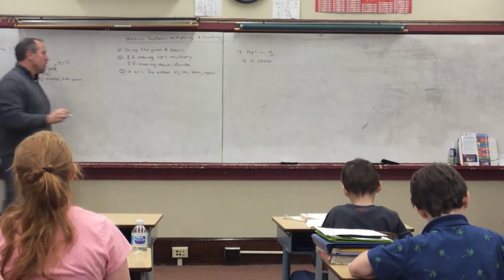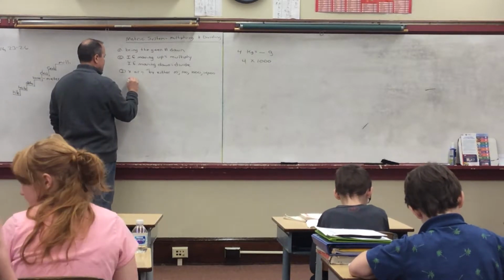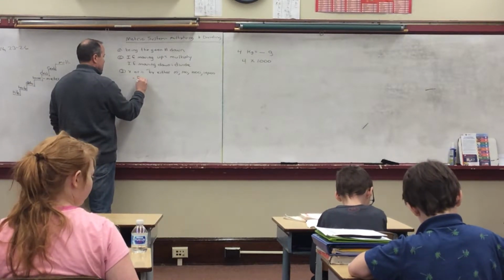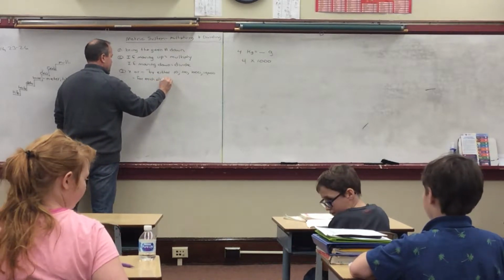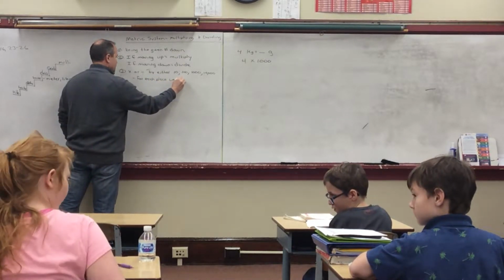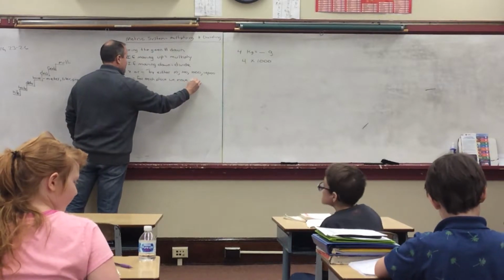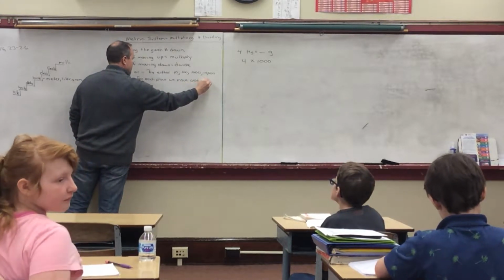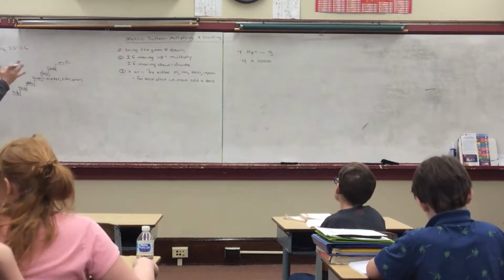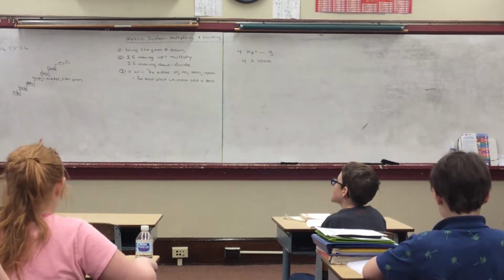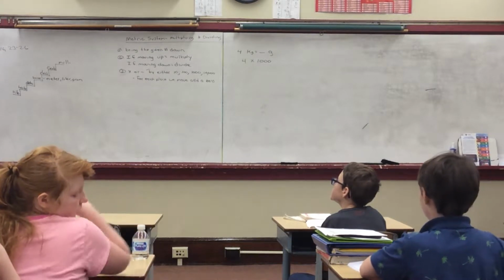For each place we move, we add a 0. Okay, so we move 3 places, so we multiply by 1,000, 3 zeros.